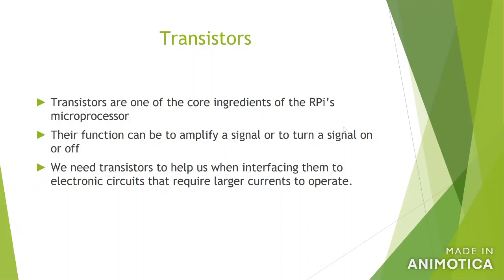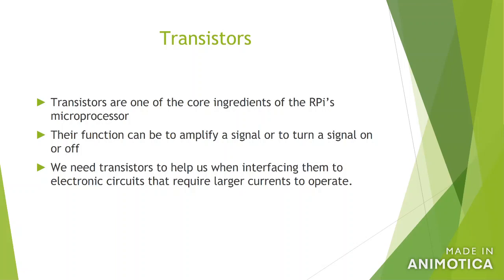Because remember, for Raspberry Pi, in fact for any kind of computer microprocessor or microcontroller, we cannot directly connect external devices, especially high current devices like motors, to a microcontroller or a microprocessor, because a microcontroller can only provide very low current. You already know what is current, what is voltage, right?